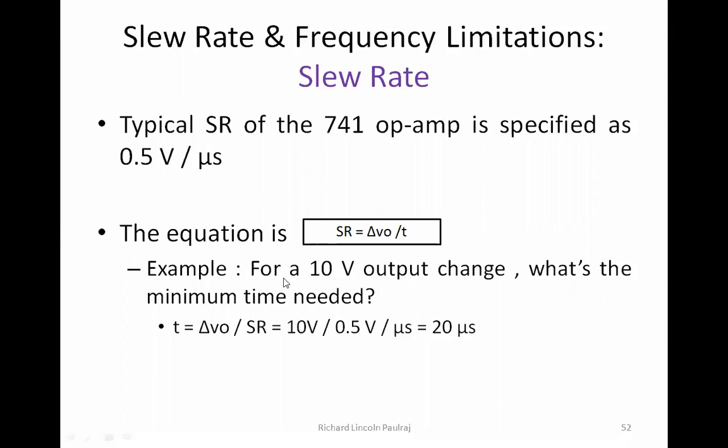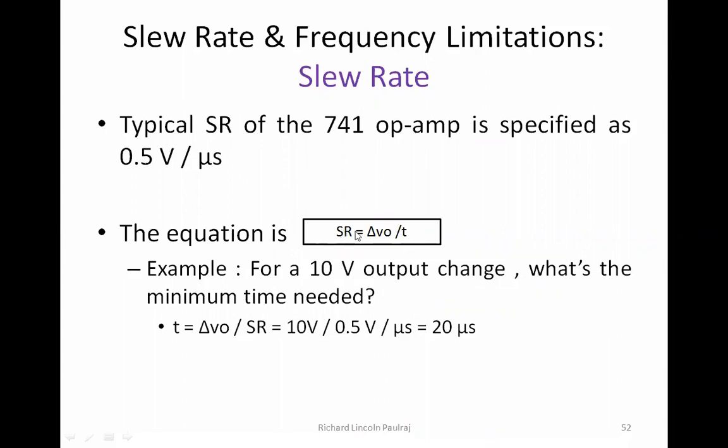We have a small question here. For a 10-volt output change, what's the minimum time needed? Which means I know what delta V naught is, and I want to find out what T is, isn't it? So what can I do? I can just cross multiply.